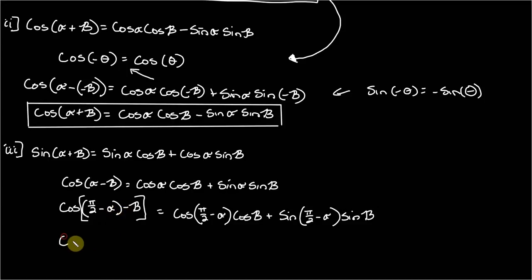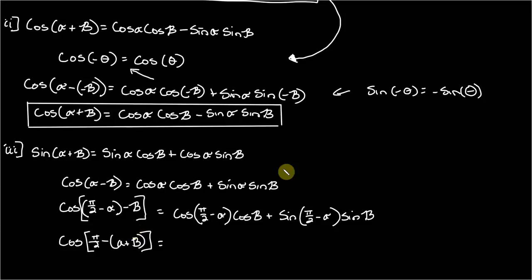What we end up with is cos pi over 2 minus alpha plus beta. Right, that's very simple. We just pulled out a negative sign that becomes positive, so now it's pi over 2 minus alpha plus beta. So that's fine, just a little bit of manipulation.